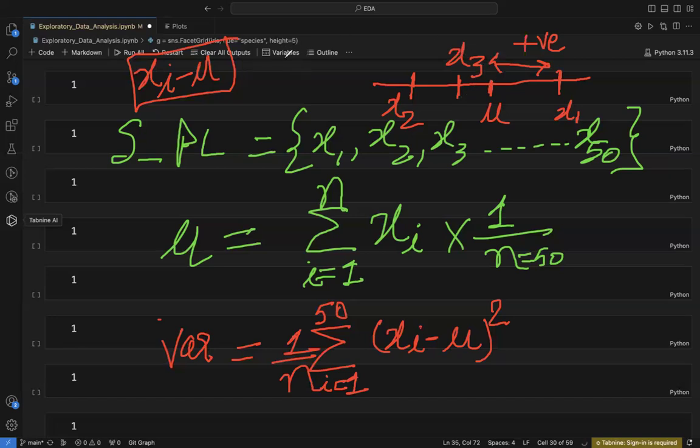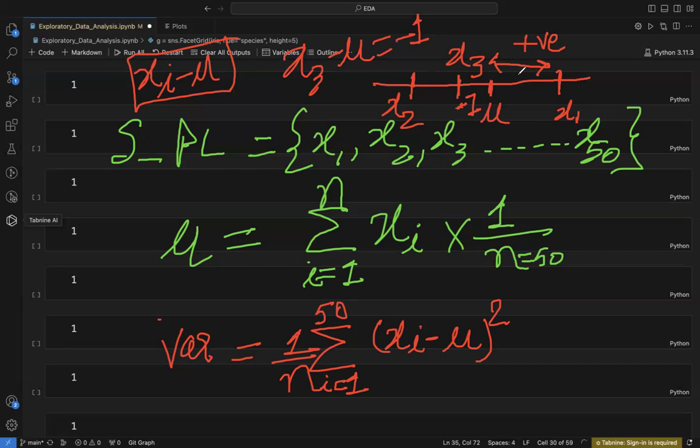If I subtract x3 minus mu, it is negative. So the distance xi minus mu can either be positive or negative. You have seen this, some distances can be negative and some can be positive. And so we understood this is x1, this is x2, and this is x3.